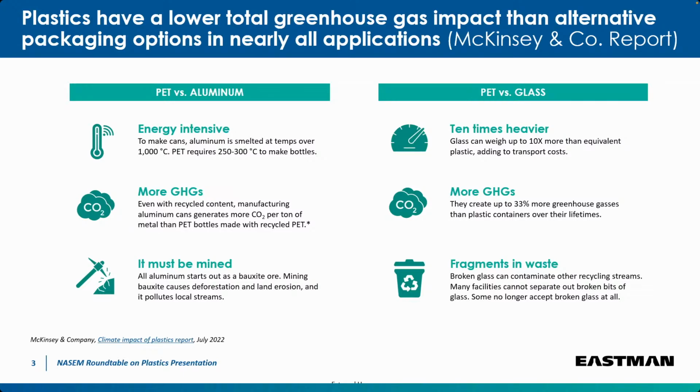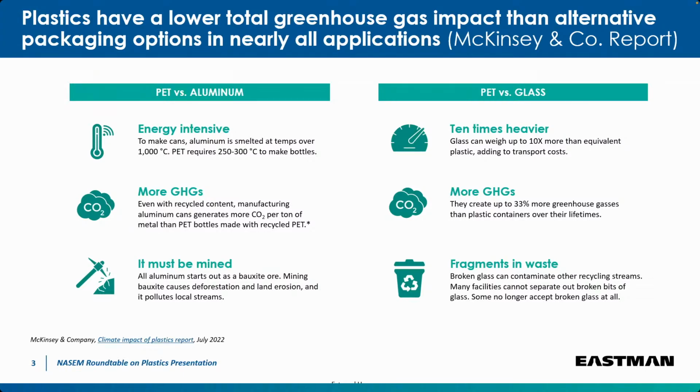When we start thinking about PET, one of the major plastics used for packaging today, for those of you who are less familiar with the plastic industry, that's going to be your soda bottles and water bottles, and it generally has a resin ID code of a 1 on the bottom of the package. When we look at PET compared to other materials, like aluminum and glass, you end up with pretty different performance when it comes to energy intensiveness and greenhouse gas emissions.